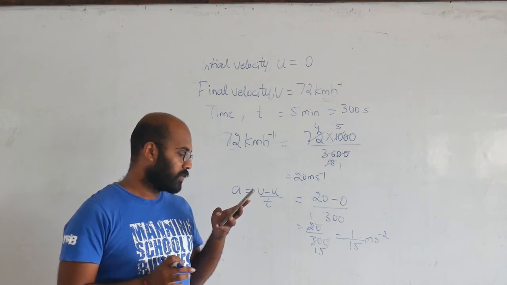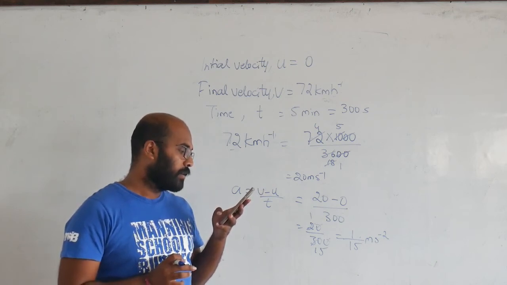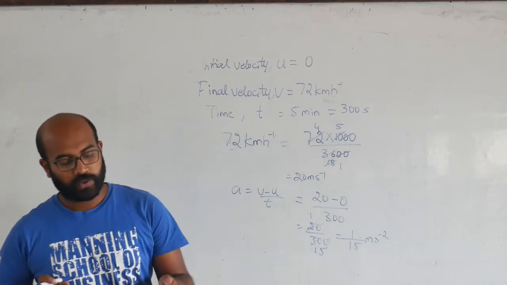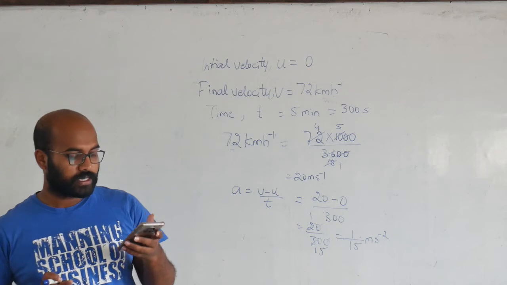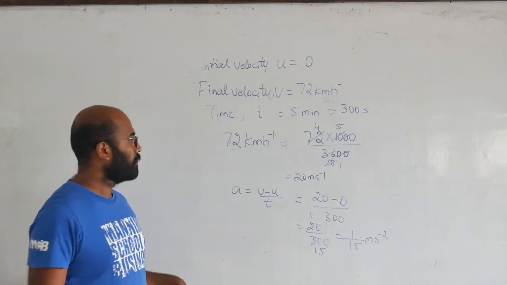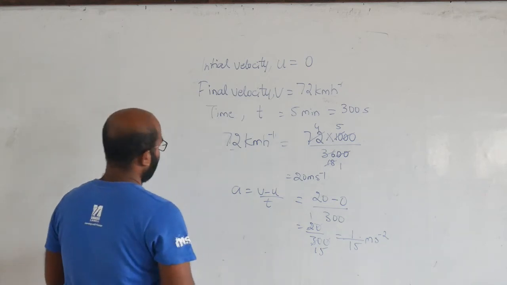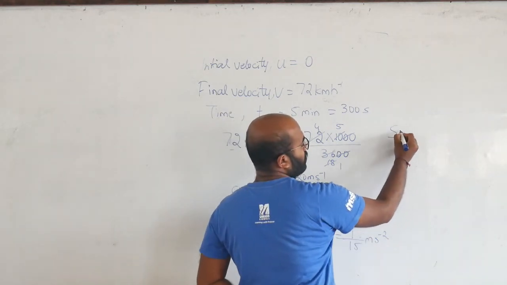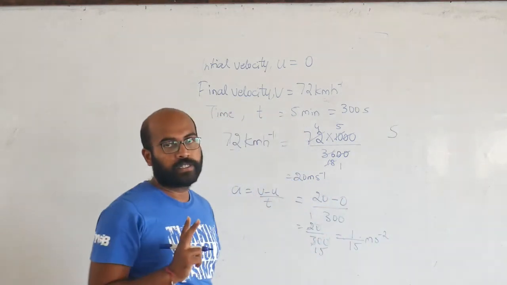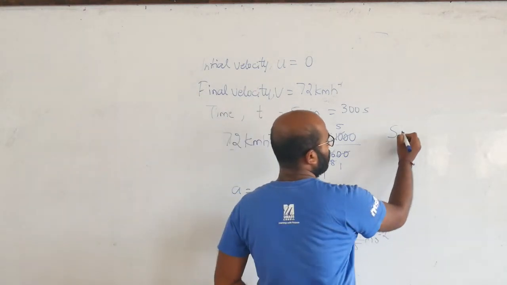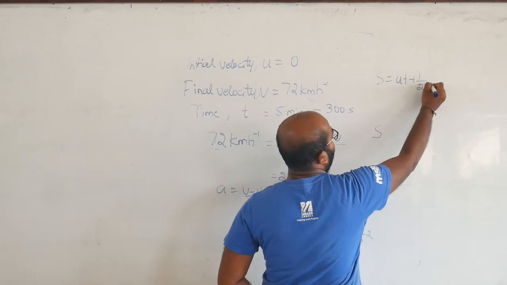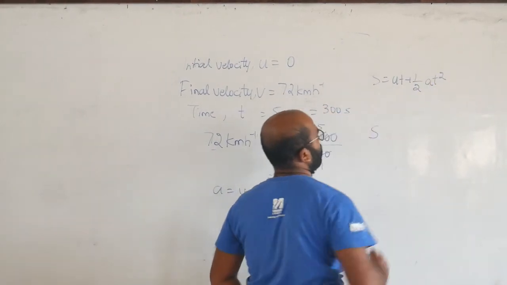The next thing they are asking is the distance traveled by the train for attaining this velocity. What is the distance it has traveled? There are two different equations for this. One is s is equal to ut plus half at square.